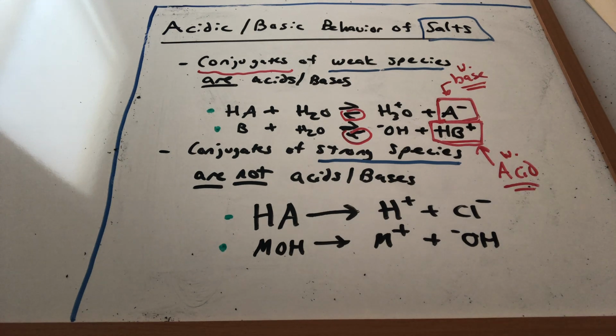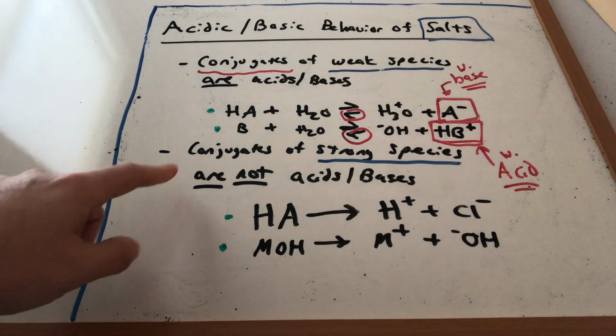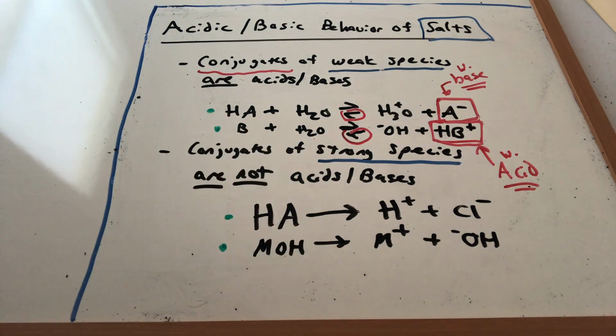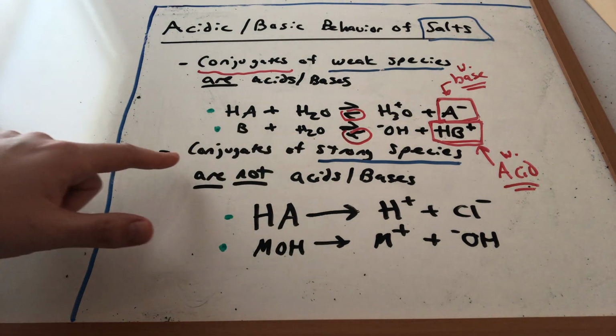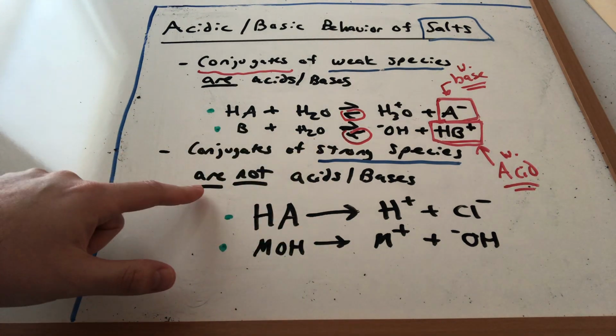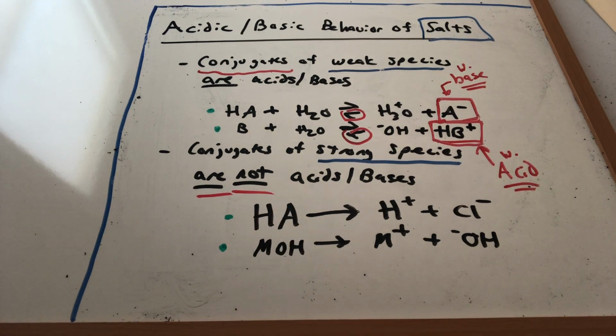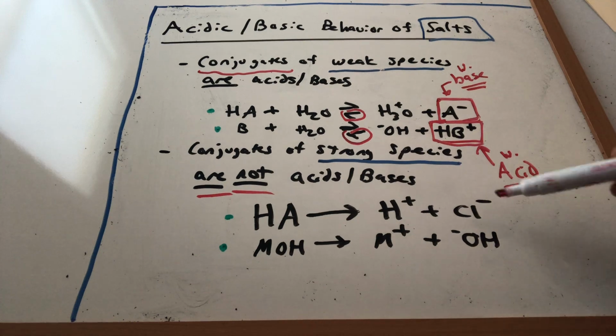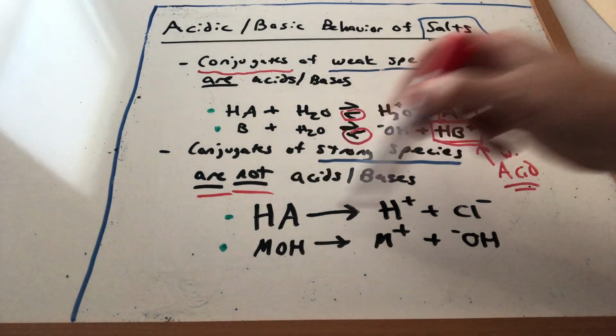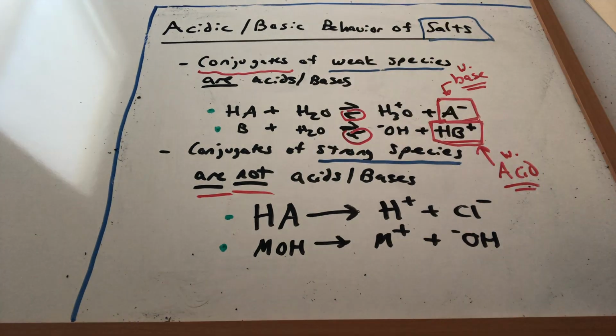But before we get there, we need to know that for strong species, the behavior is different. The conjugates of strong species are not acids and bases. And you remember when we're dealing with strong species, we even write the chemistry differently. We treat it like a dissociation, like a limiting reactant problem that goes completely to the right.